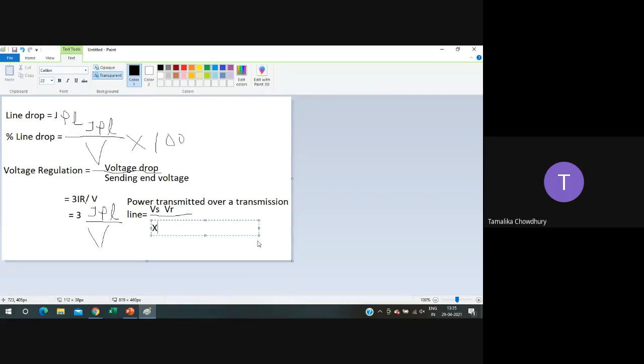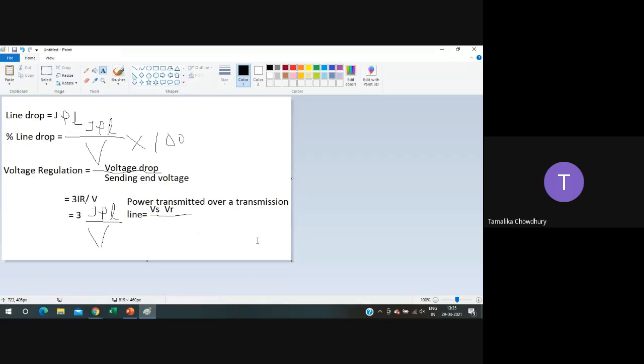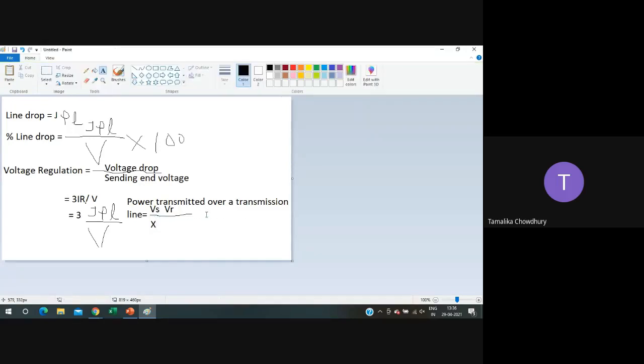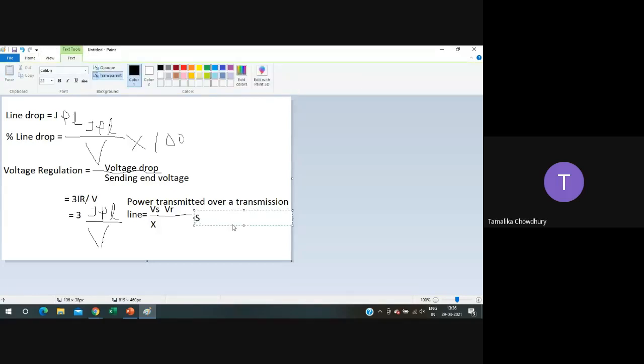If you are not sure, this is the reactance X, because R may be greater or small, so inductance and capacitance can be directly represented as X. So here I represent it as X. So Vs Vr by X into sine delta.